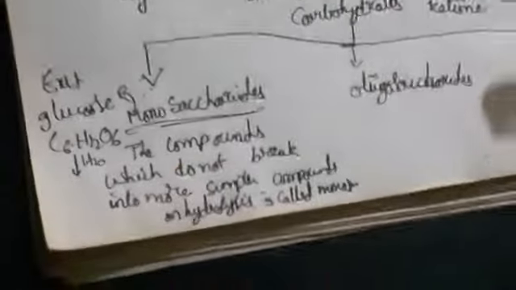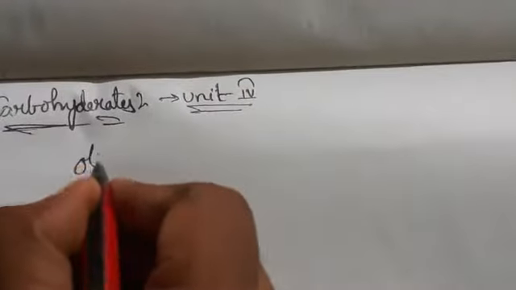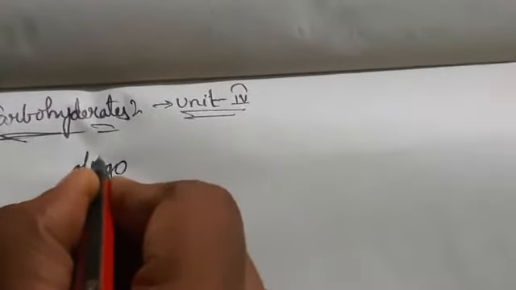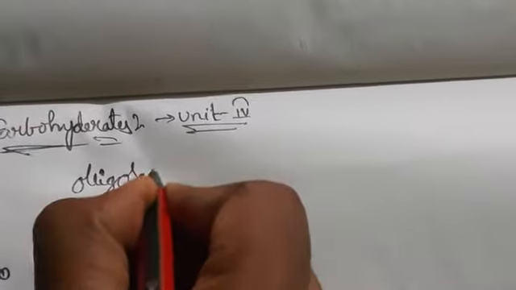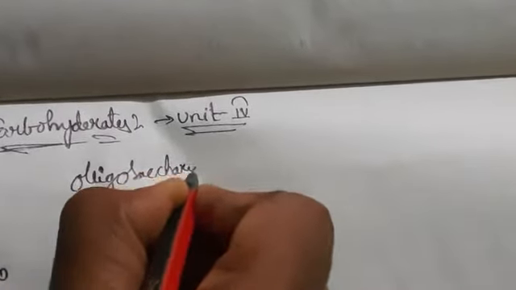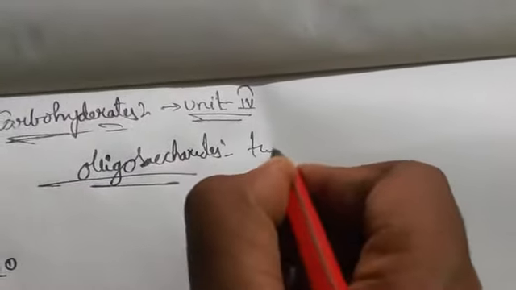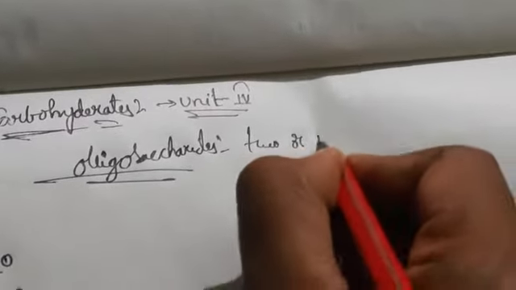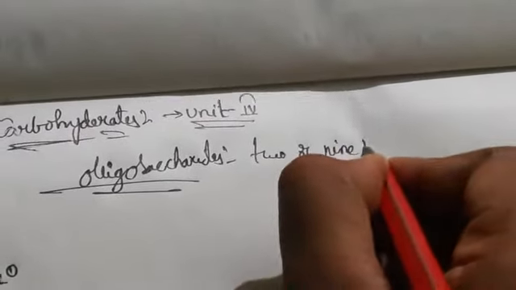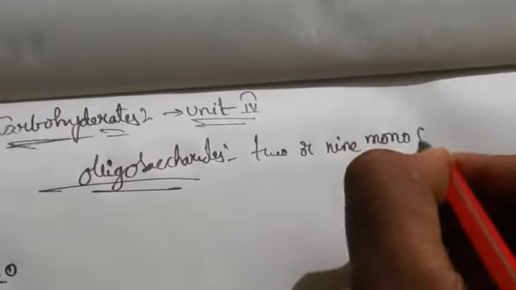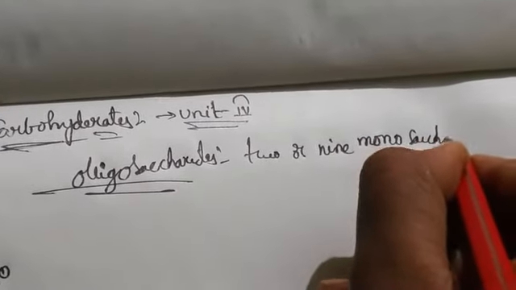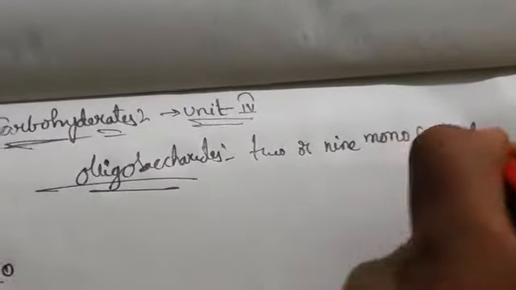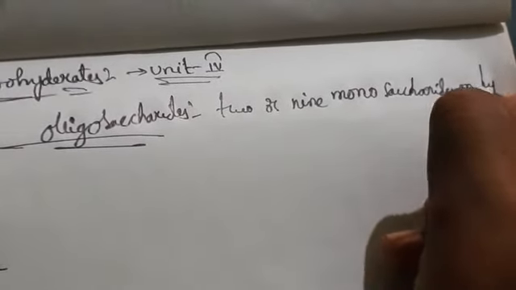Coming to oligosaccharides. Oligosaccharides are the compounds which give 2 to 9 monosaccharides on hydrolysis.